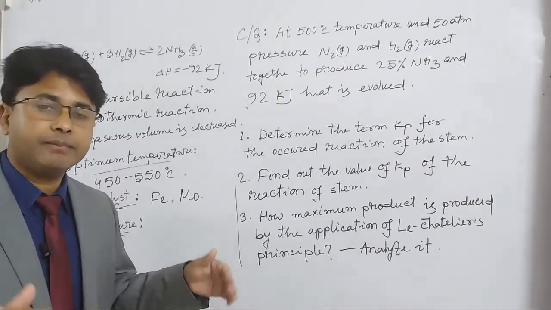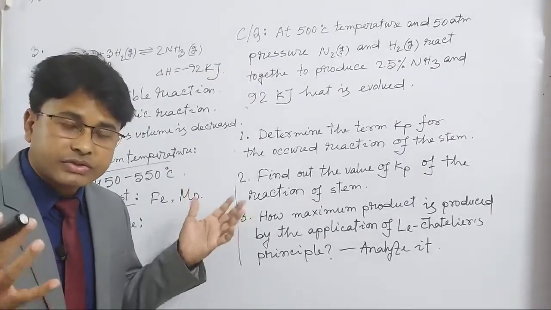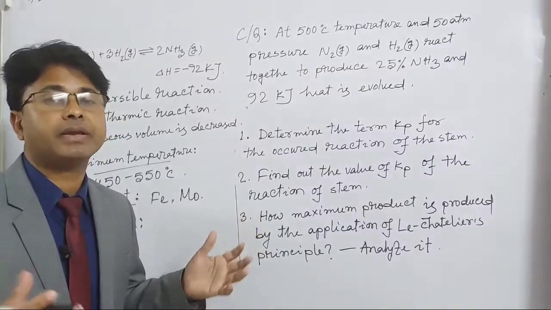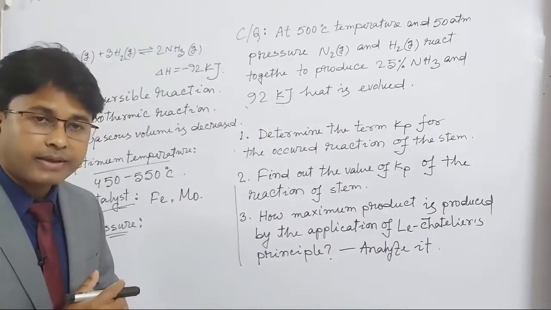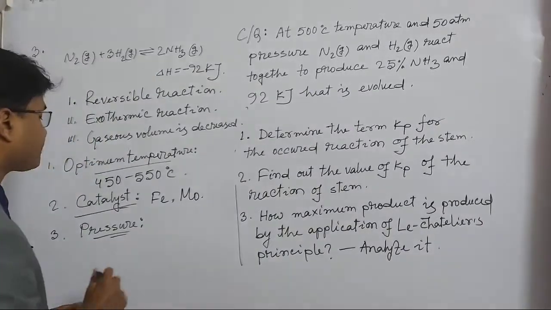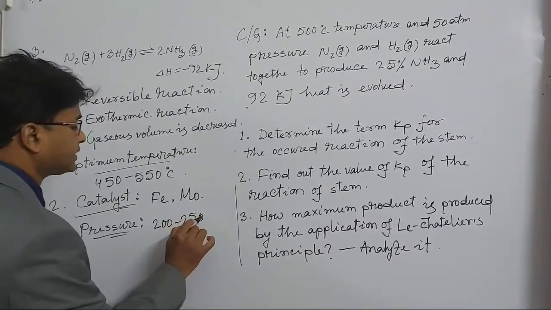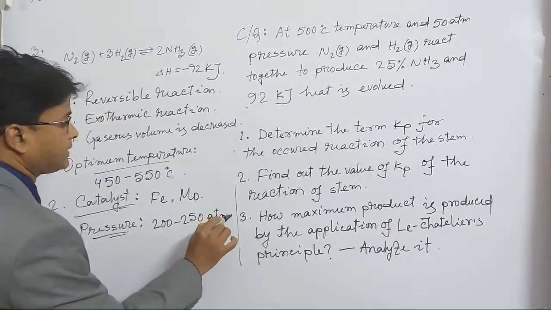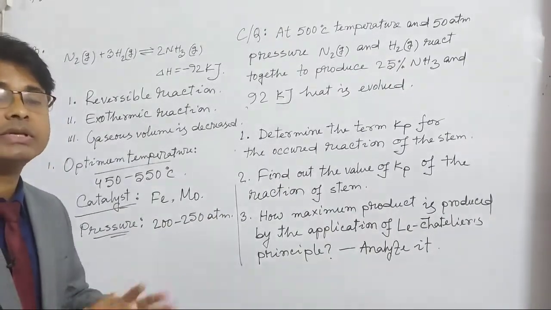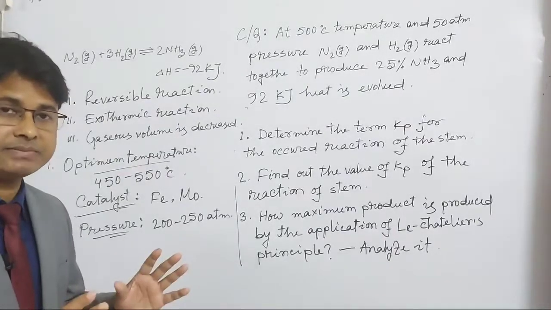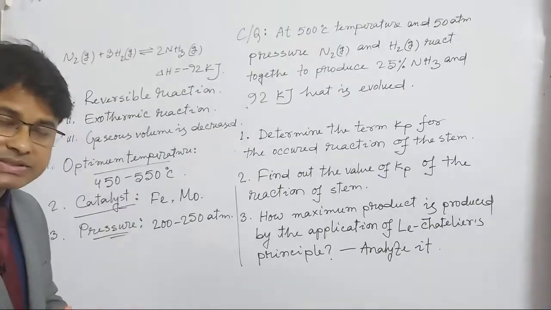But applying high pressure, the required instruments are very costly. So, to get more ammonia, the minimum pressure of 200 to 250 atm is applied here.